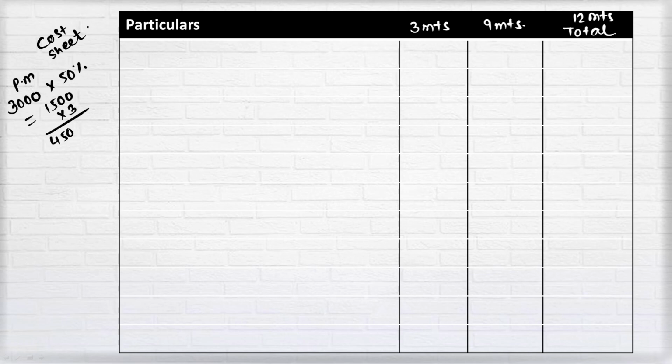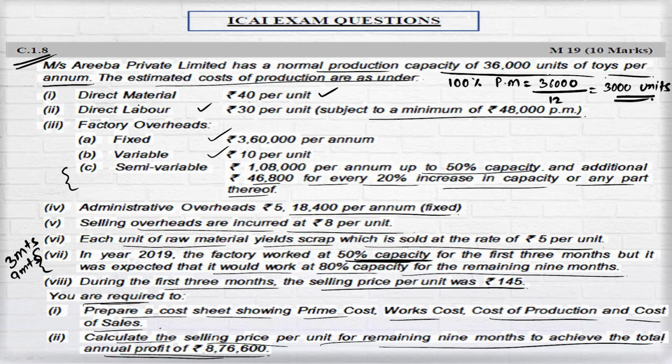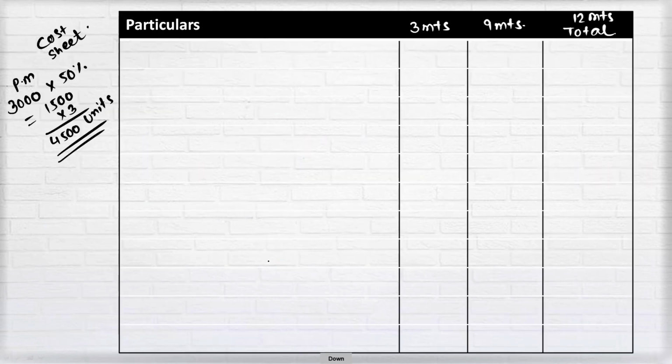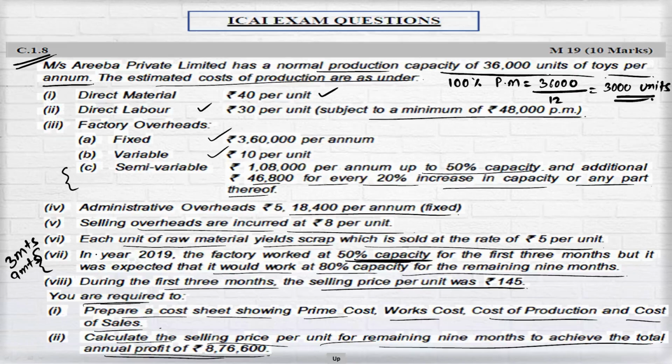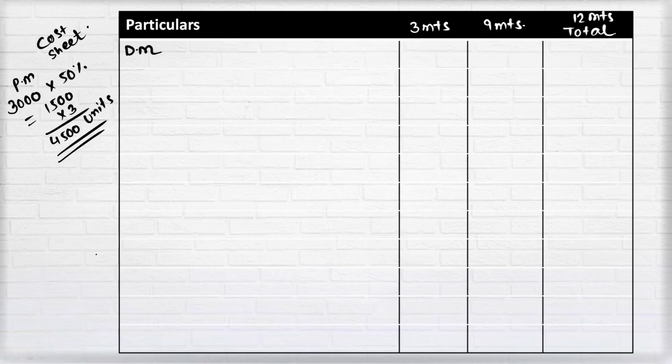So how many units? 4,500 units. And we will be assuming we are manufacturing also 4,500 units and we are selling also 4,500 units. I am doing only for first 3 months first. Direct material 40 per unit. Direct material 4,500 into 40.